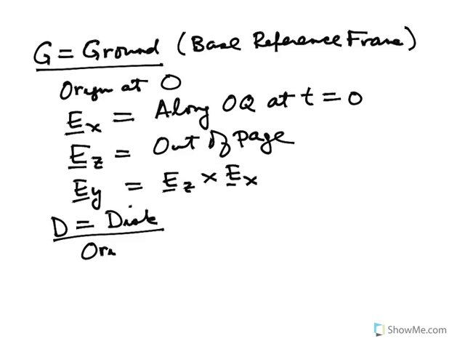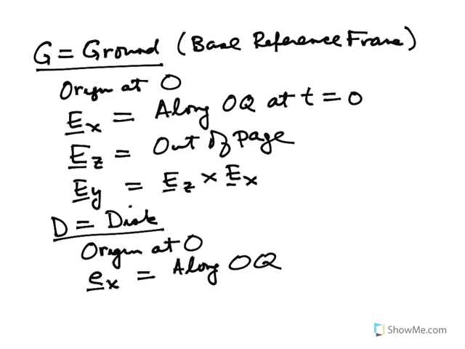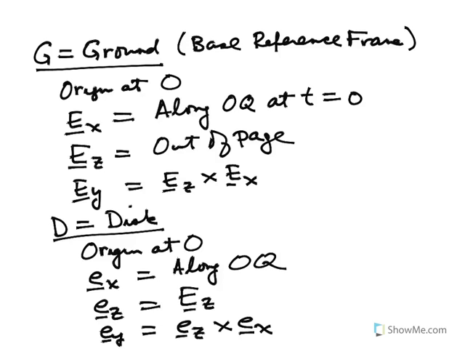Here, the origin is going to be at O, and then I'm going to pick little ex to be along OQ, because Q is fixed to the disk. EZ is going to equal big EZ, and then EY is going to equal EZ crossed with EX.